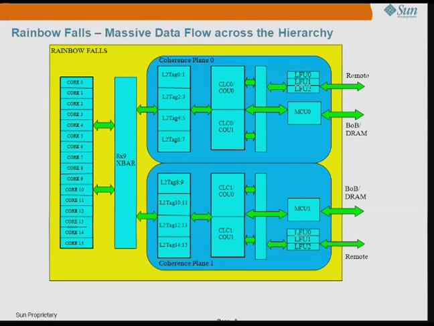So the L2 cache in RF has been sized up, and we've also doubled the number of banks over the prior generation to provide more simultaneous bandwidth into the tags in the L2 cache.